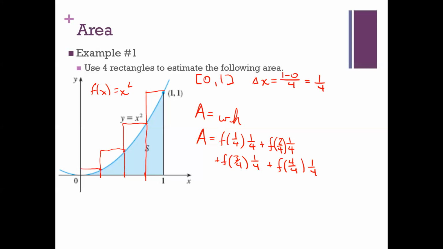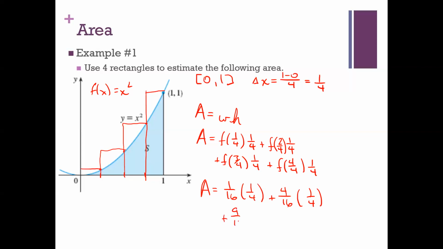So can I get a number here? What is f of 1/4? 1/16? f of 2/4 will be 9/16? Let me keep them all in these unreduced forms so I can have a common denominator.